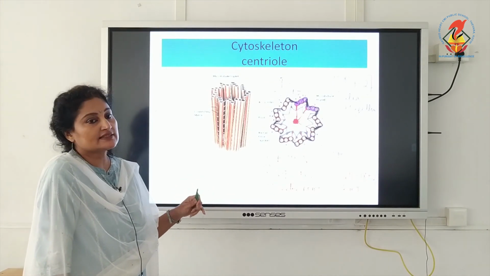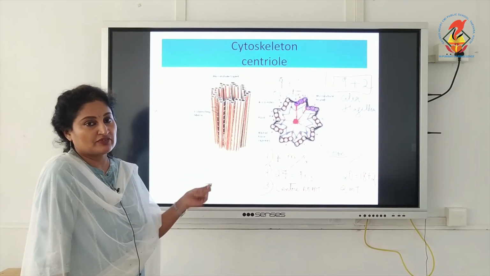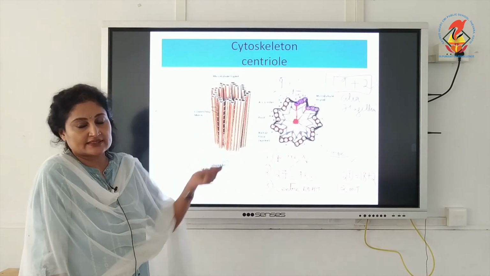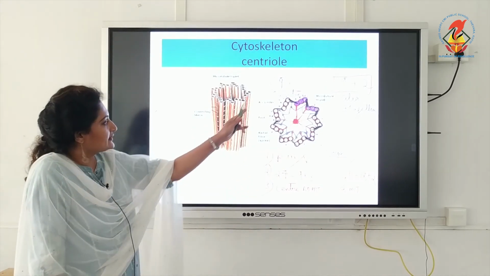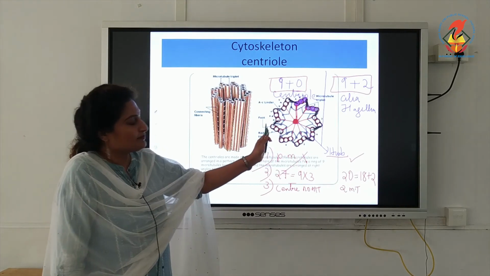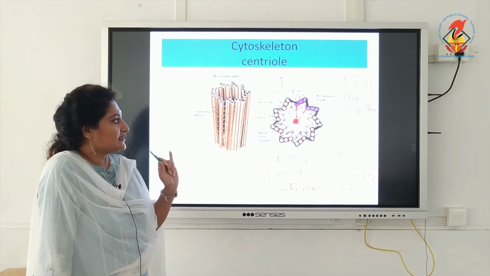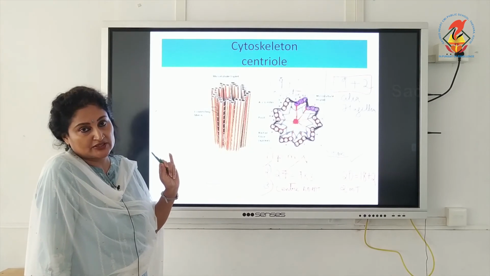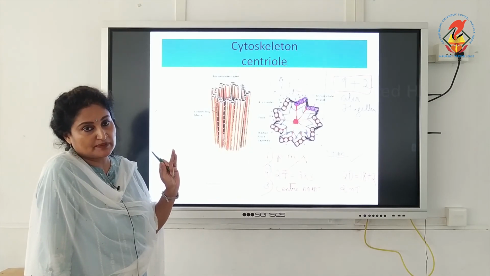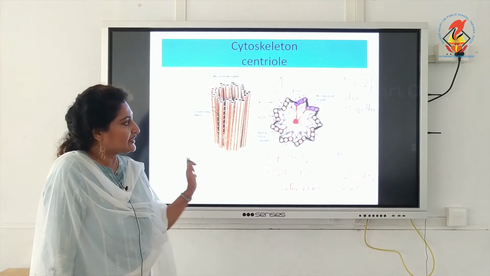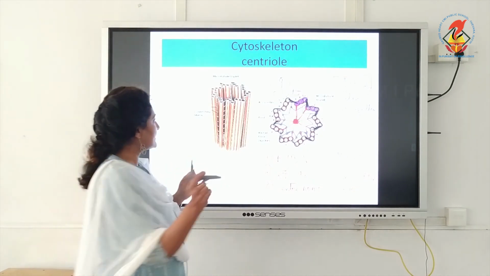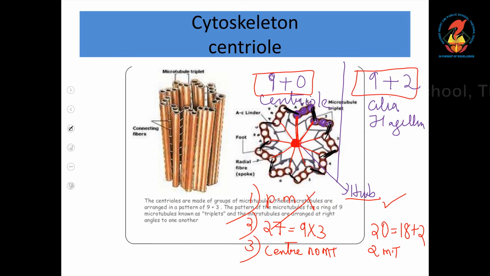Linkers interconnect the microtubules which are at the periphery, whether it is a triplet or doublet. So that is the similarities: one with respect to the linkers and the other with respect to the radial spokes.